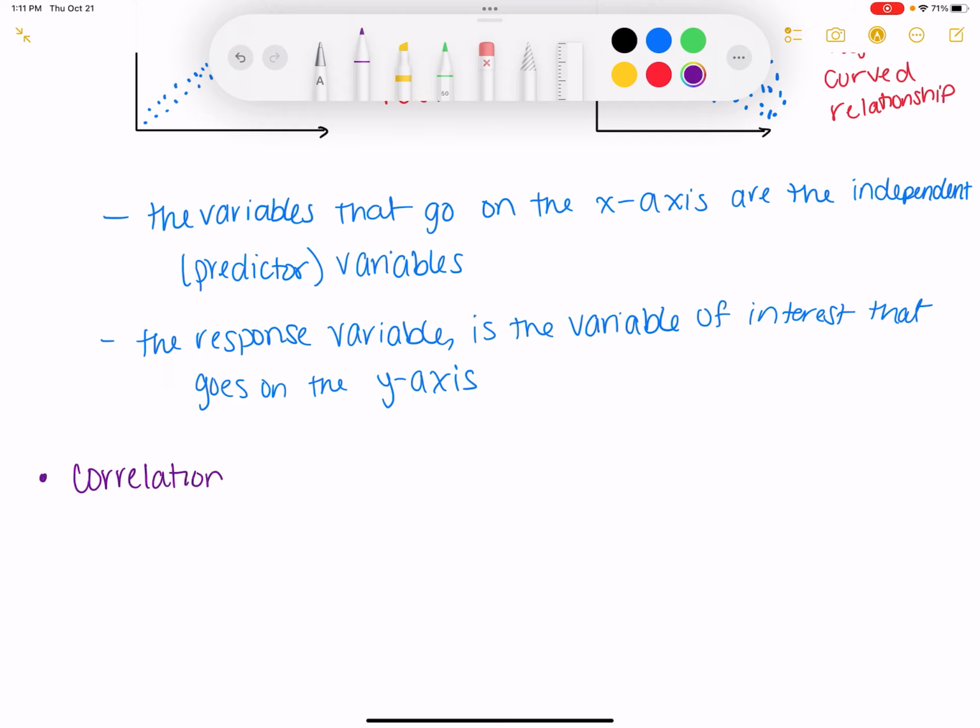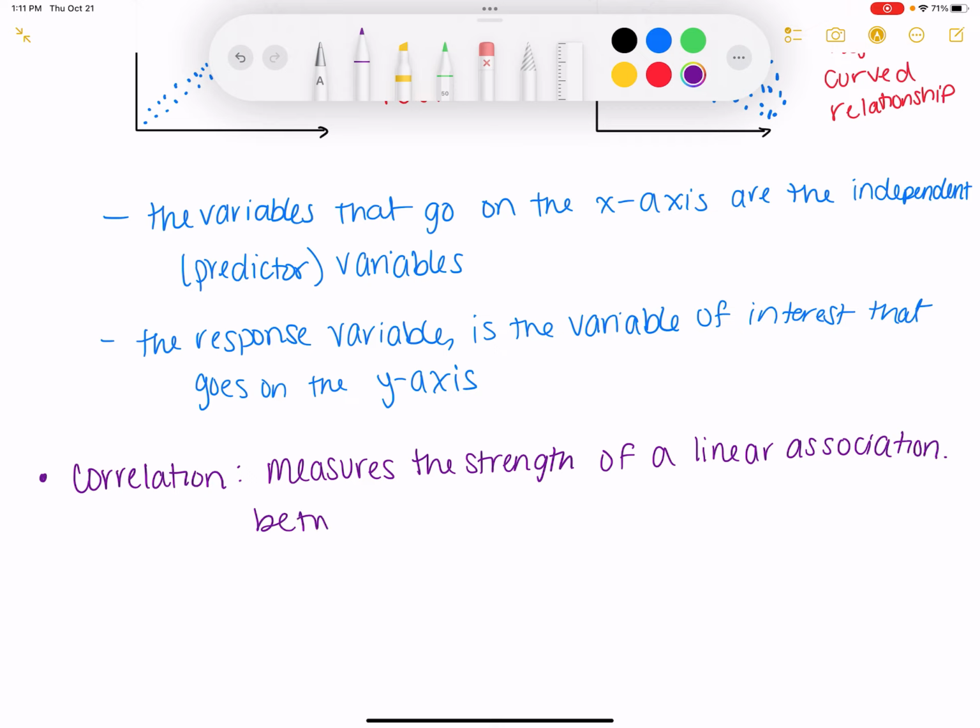Correlation. It measures the strength of a linear association between two variables.